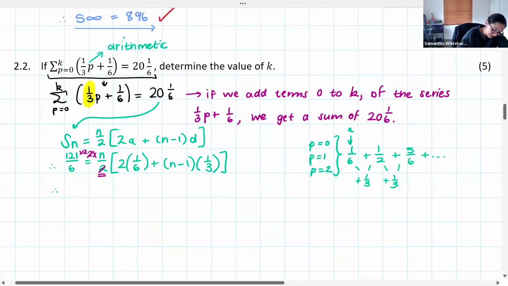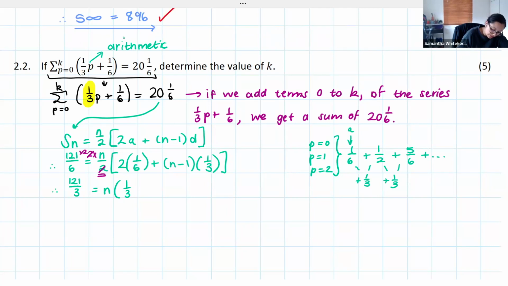And that leaves me with 121 over 3 is equal to n times 2 times 1/6, which is a third, plus I'm going to distribute this third in, a third n minus a third. What you see is that a third minus a third actually cancels out. And so on the right-hand side, we've got n times a third n, which is a third n squared.